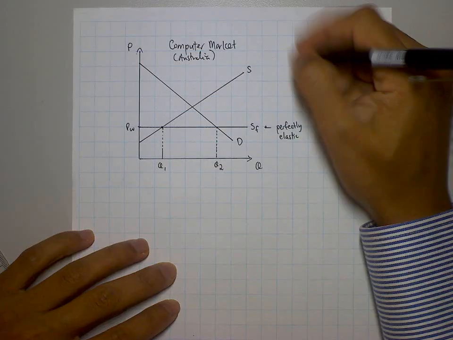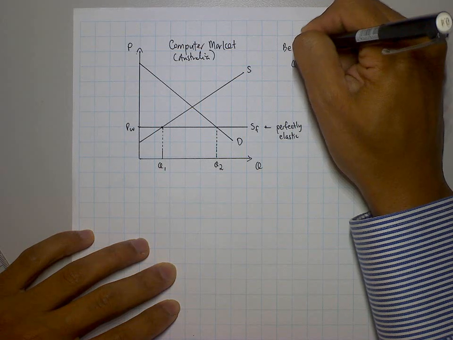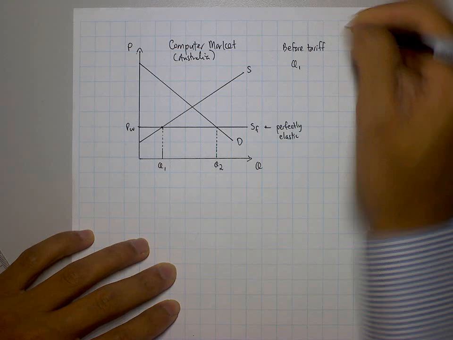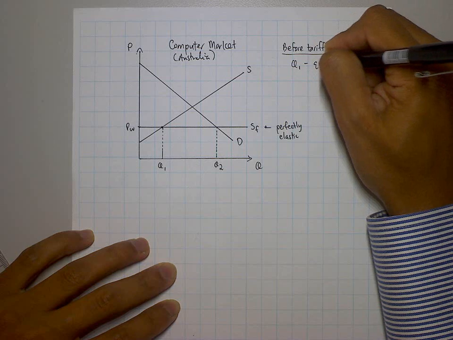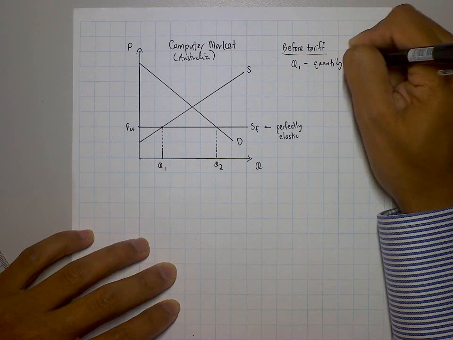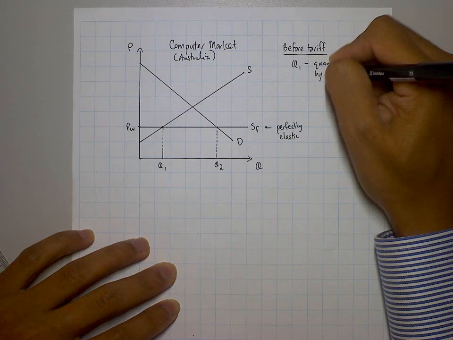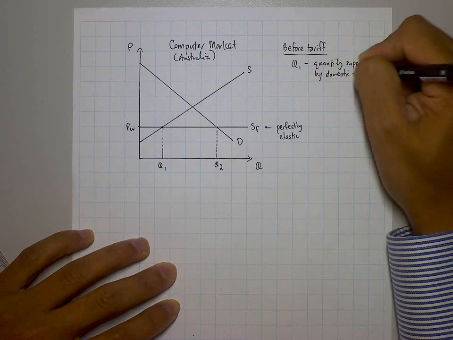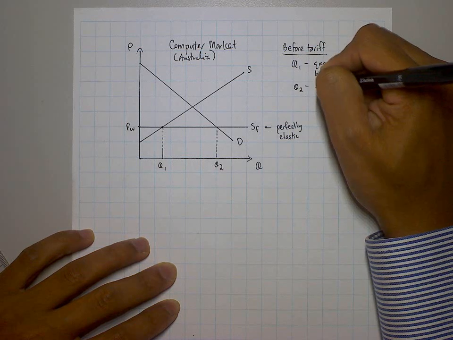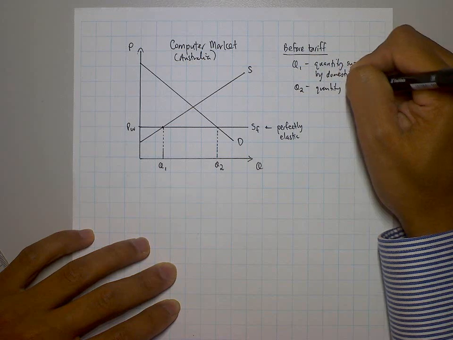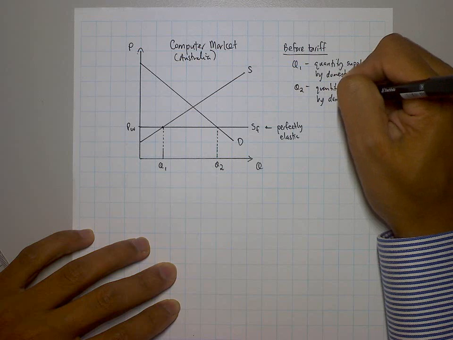So you'd put Q1, so this is before tariff, so Q1 is quantity supplied by domestic producers and Q2 is quantity demanded by domestic consumers.